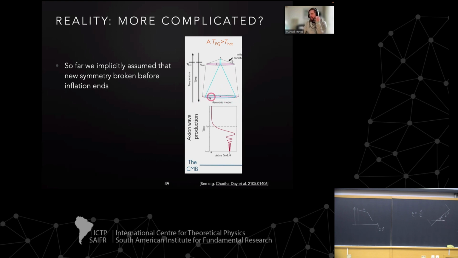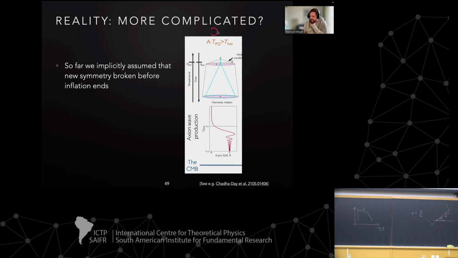And in this patch, the initial field value will be the same. So the initial field value in the very early universe could be different at different spots, but through inflation, we actually only observe one patch where the misalignment is the same everywhere, and then we get exactly the picture that I told you about now.